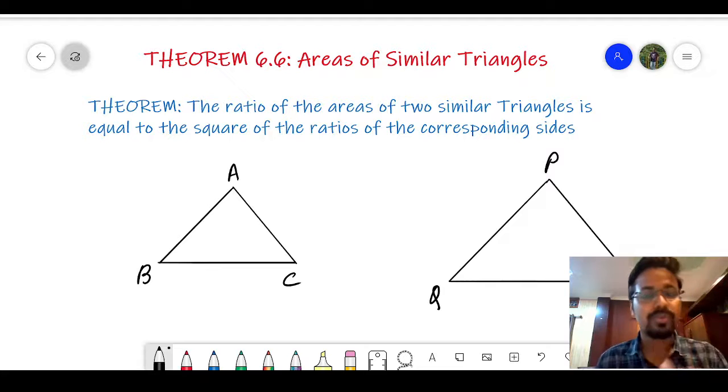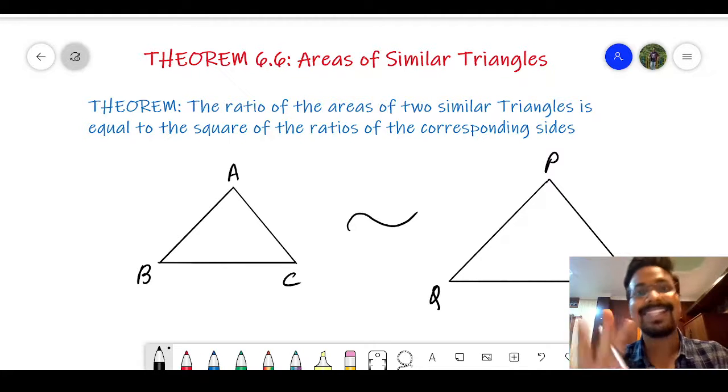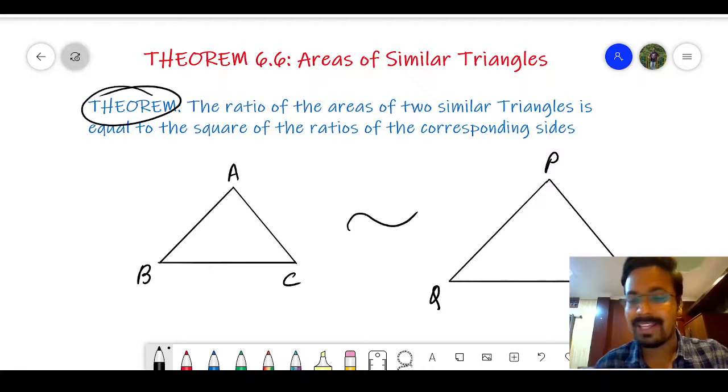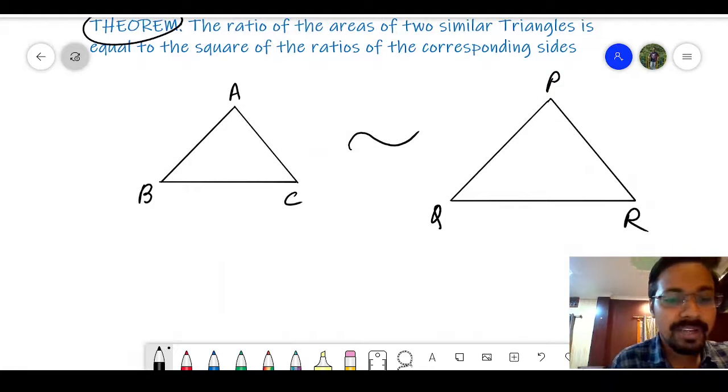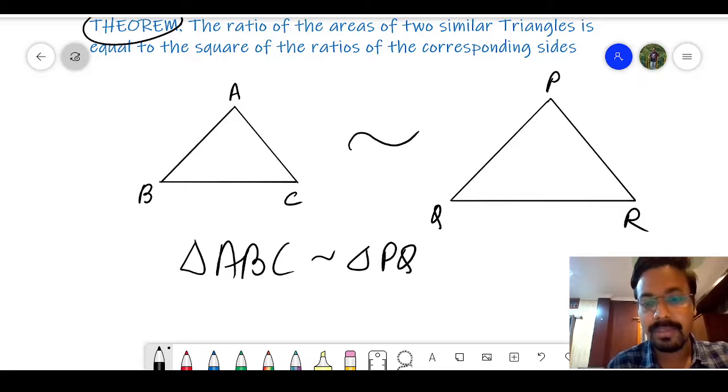Now if we say that these two triangles, triangle ABC and triangle PQR, are similar, how will we apply this theorem? We have said that triangle ABC is similar to triangle PQR.